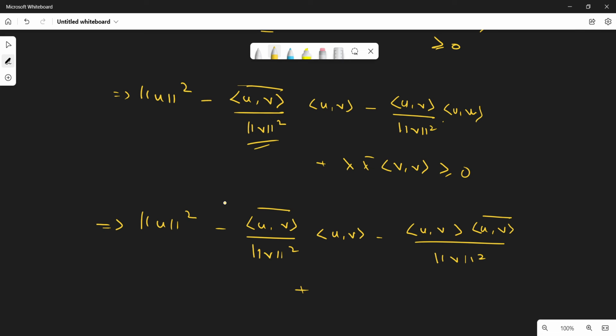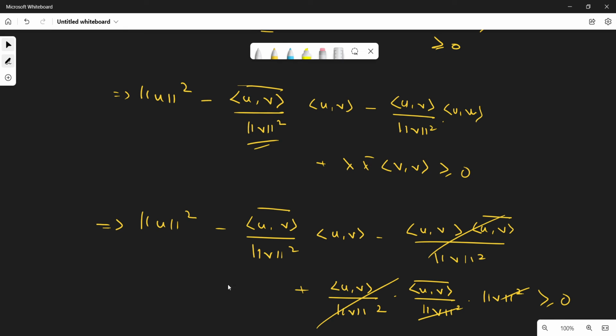Plus, this lambda bar can be written as <u,v> over norm of v squared times <u,v> conjugate over norm of v squared times norm of v squared, because inner product of v on v is norm of v squared.